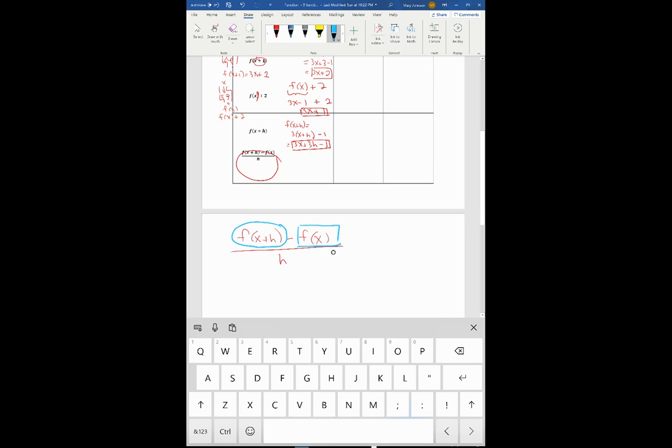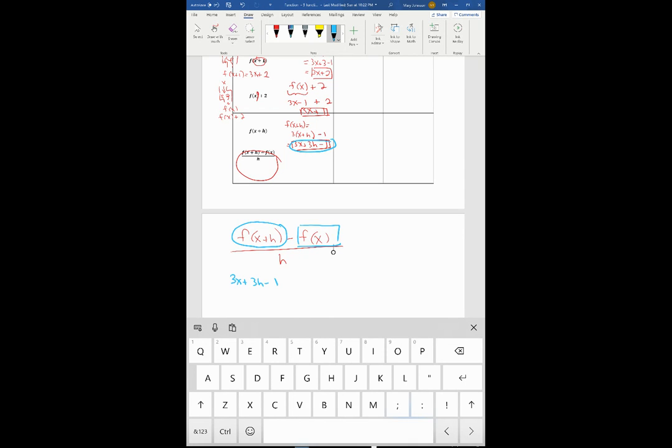Well, we just worked out f of x plus h. That was this expression here. So what I'm doing in this last box is really a formula. You don't plug one thing into your function f. You evaluate these different pieces and put them into your function. So in place of the f of x plus h, I put 3x plus 3h minus 1.